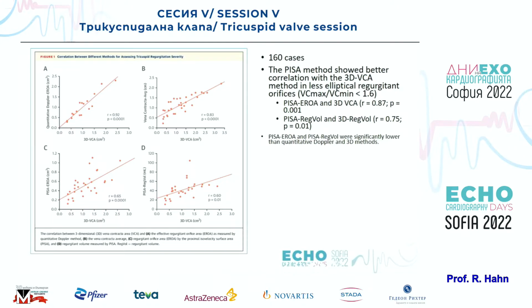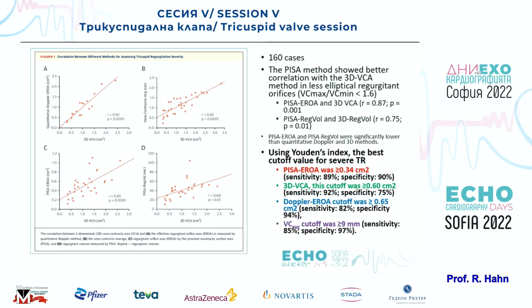In our core lab, we did exactly that using transthoracic echo and showed that the PISA quantitation underestimates both the 3D vena contracta direct planimetry and the quantitative Doppler method by almost 40%. The correlation between 3D VCA and Doppler quantitative effective regurgitant orifice area was very good.